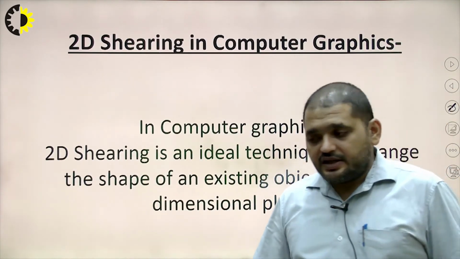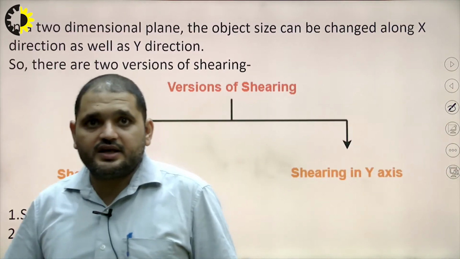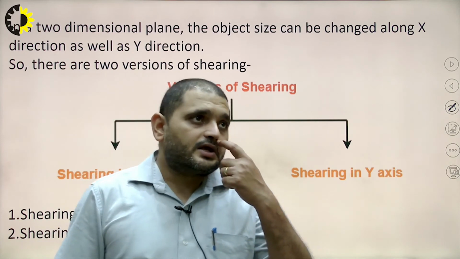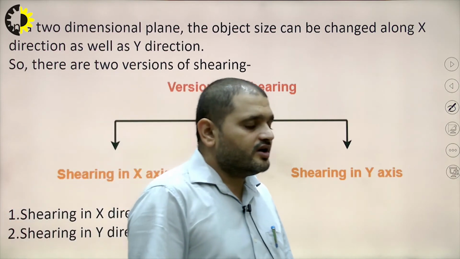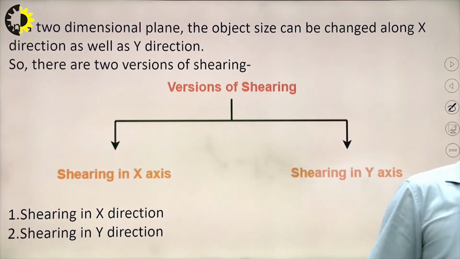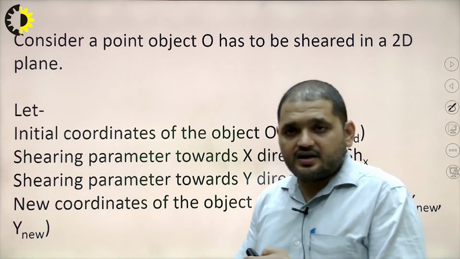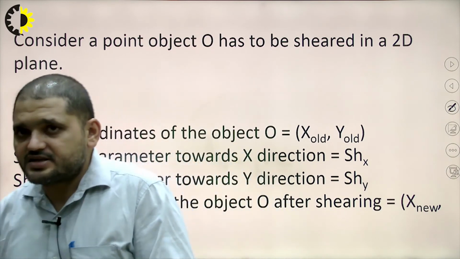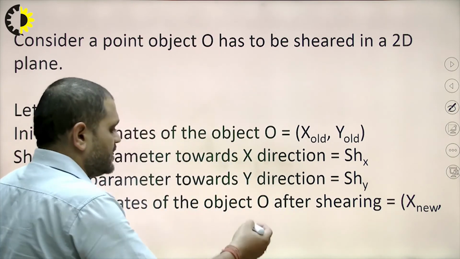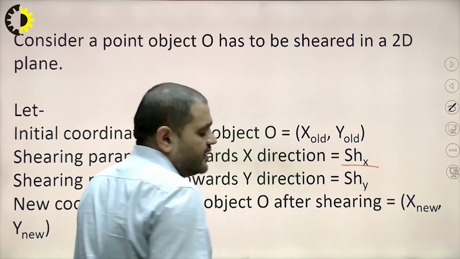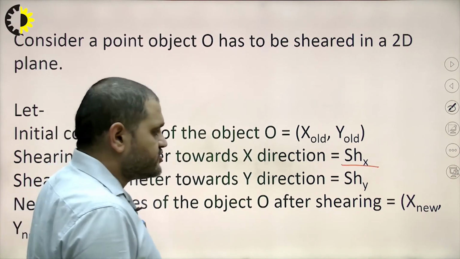Now comes shearing. Shearing can be done in the x direction or in the y direction. When I am doing shearing, there is a shearing factor or parameter, which in the x direction can be written as SHx and in the y direction as SHy.